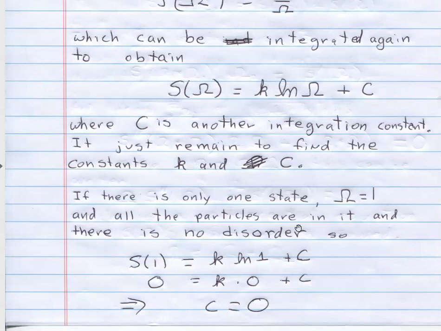They're all piled into whatever that state is. There's nothing jumbled up, and so it's natural to conclude that S of omega when omega is 1 has to be equal to 0. And if I use this relation up here, put in 1 for omega, natural log of 1 is 0, and so that gives us C is equal to 0.